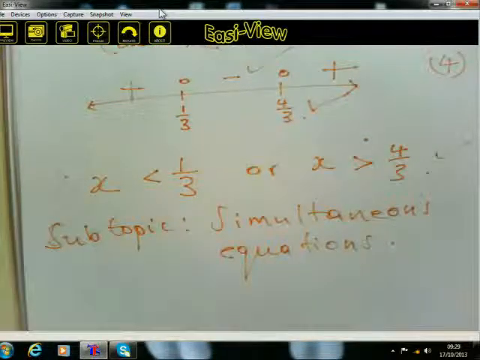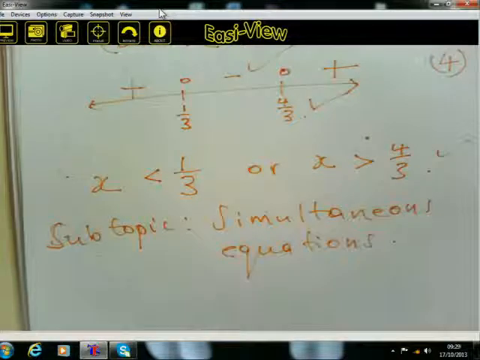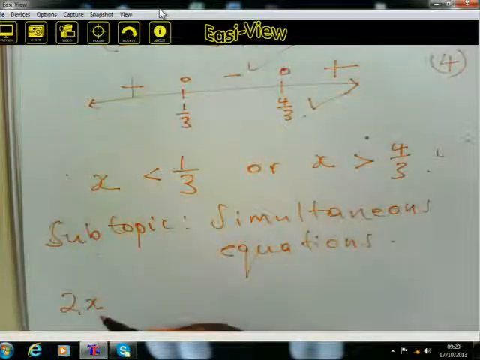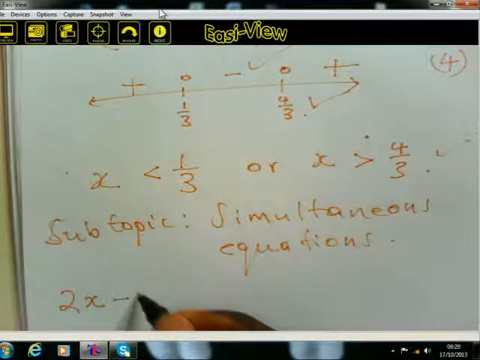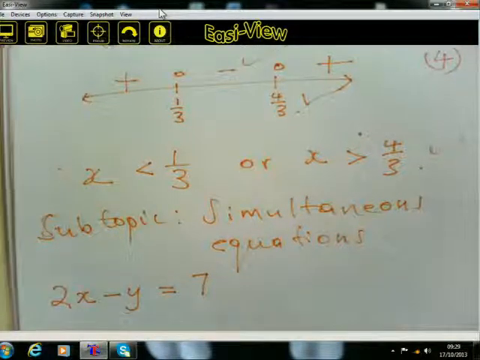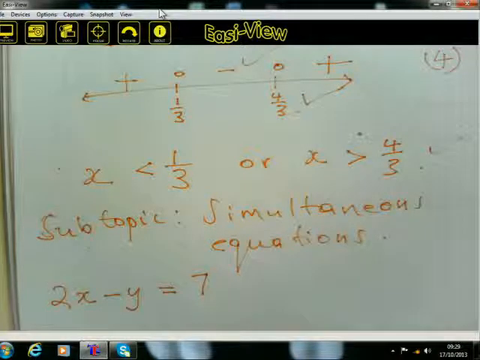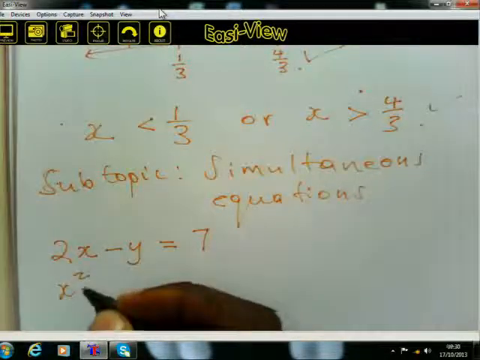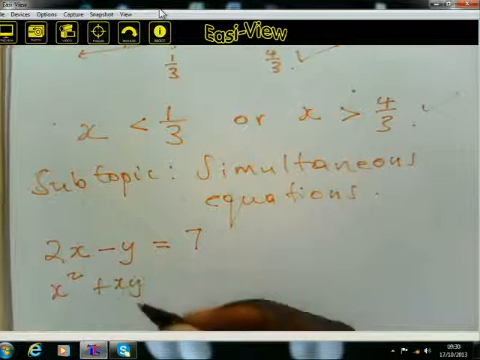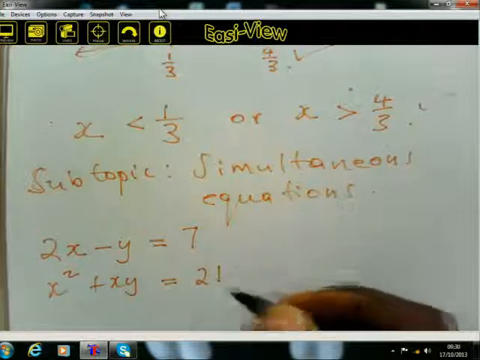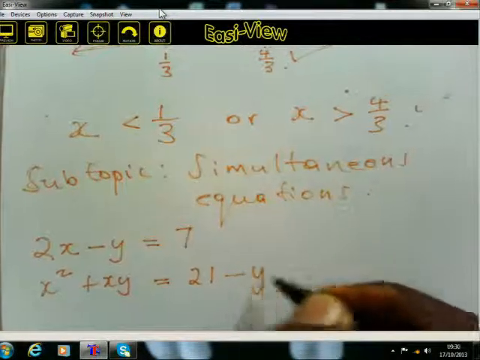Right. Now, I'm just going to give an example here. If you have 2x minus y, which is equal to 7, and you have this one, x squared plus xy, which is equal to 21 minus y squared.